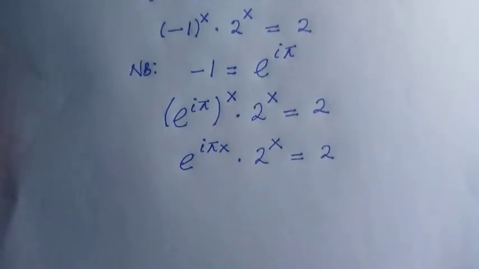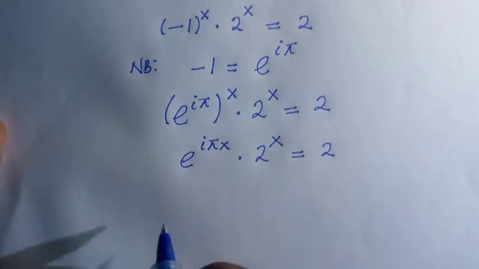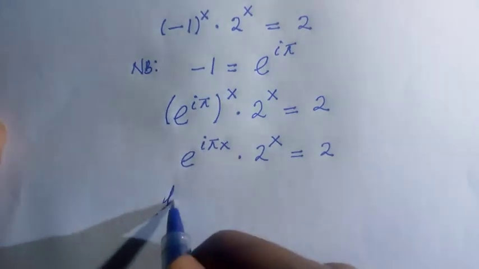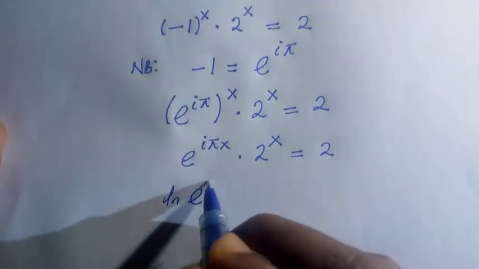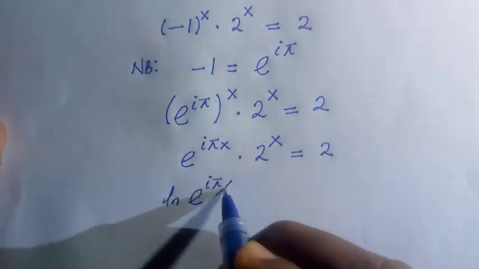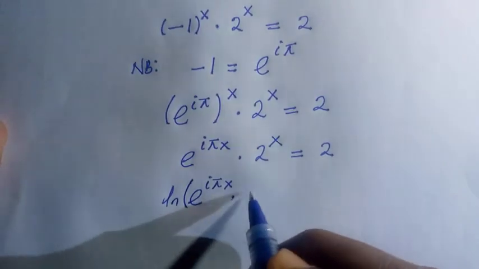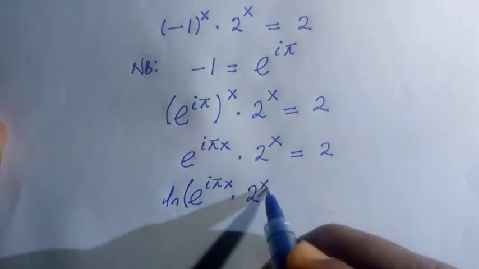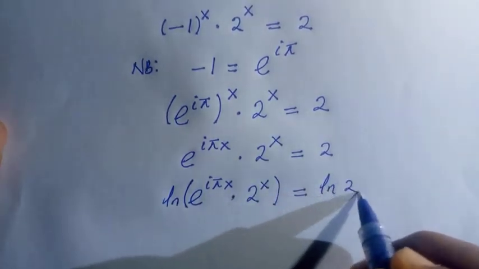And next, let's try to introduce logarithm to both sides. So by introducing the natural log of e to the power of i pi x, and if I bracket this, multiply by 2 to the power of x equals ln 2.